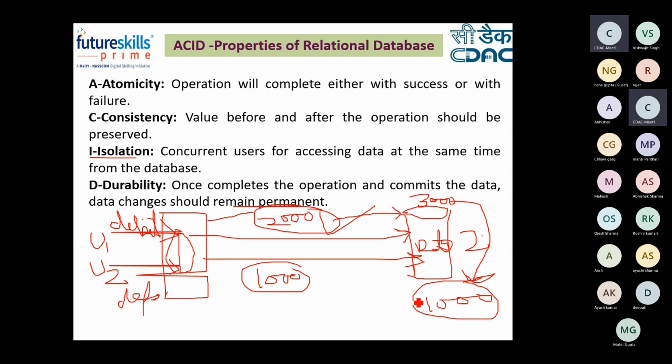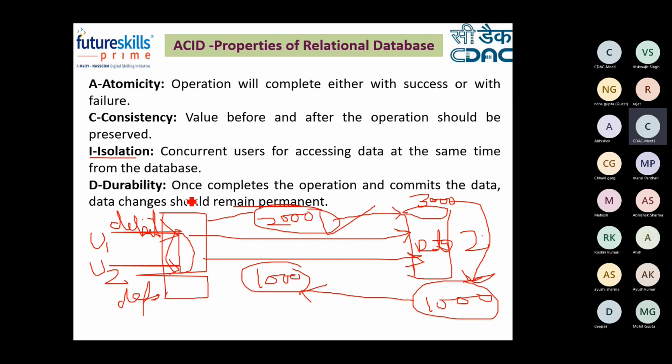Sometimes when you make a payment through UPI and it does not complete successfully in a particular amount of time, your payment automatically goes to the cancellation state. So these are the basic things followed by a relational database in terms of ACID properties.